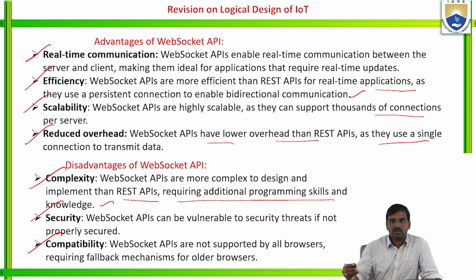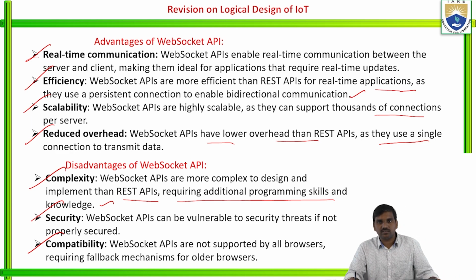Whenever we design any network, we must design the security protocols in a very proper manner, so there is no need to bother about the security. And compatibility. WebSocket APIs are not supported by all browsers, requiring a fallback mechanism for older browsers. So this is the disadvantage of the WebSocket API.